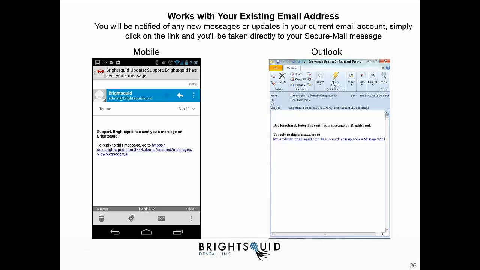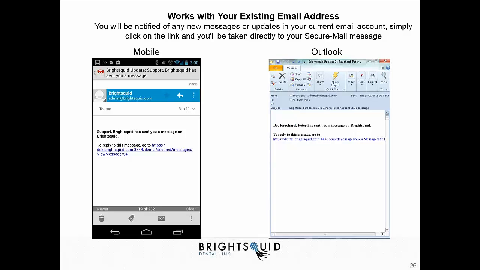Unfortunately, because of the HIPAA laws, we can't send you the exact message into Outlook because, again, we would be using an insecure service, or an unsecure service, rather. And so what we'll do is we'll send you a message that gives you a link which connects you back to our system.